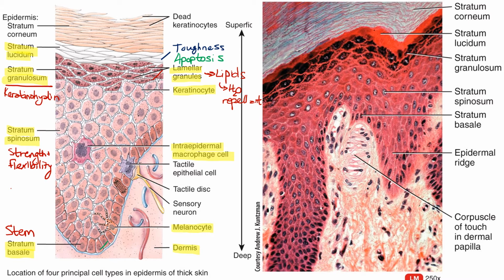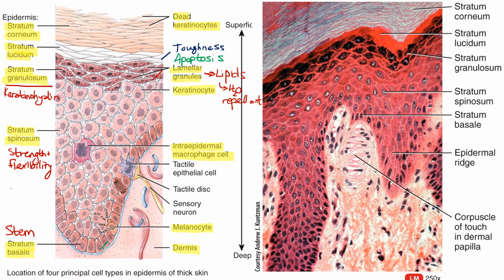Lastly is the stratum corneum. This is the most superficial layer of the epidermis, and it consists of, on average, about 25 to even 30 layers of these dead keratinocytes. In thick skin, though, the stratum corneum can be as thick as even 50 layers.